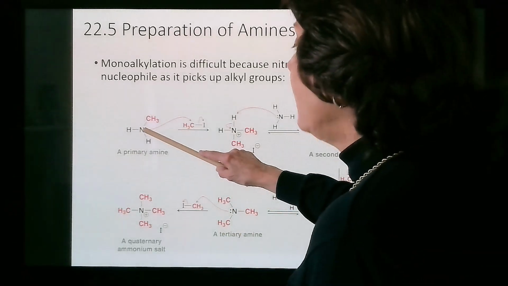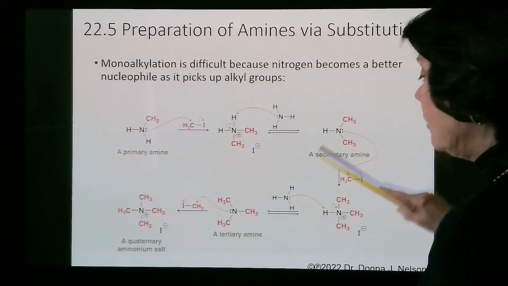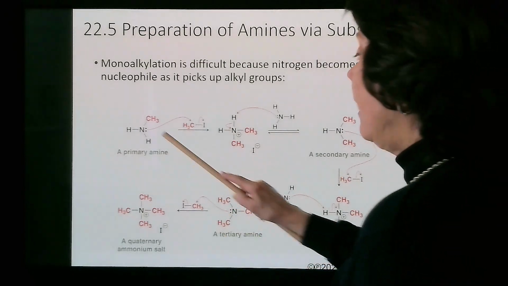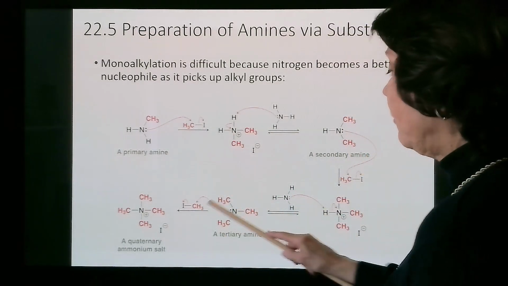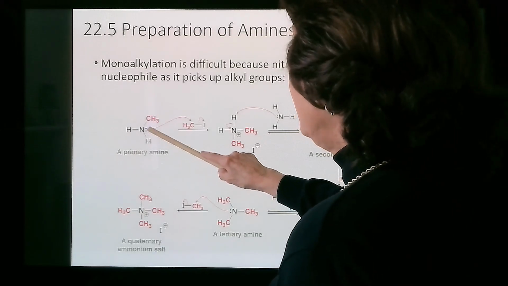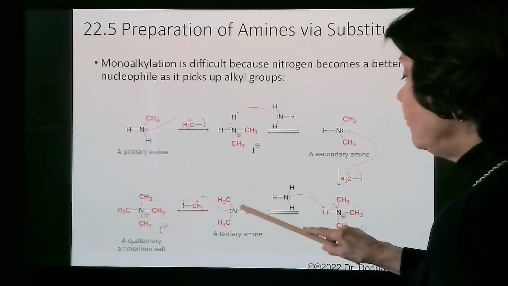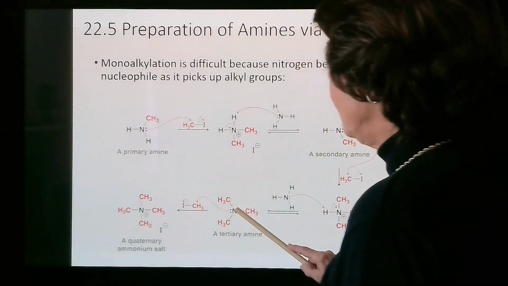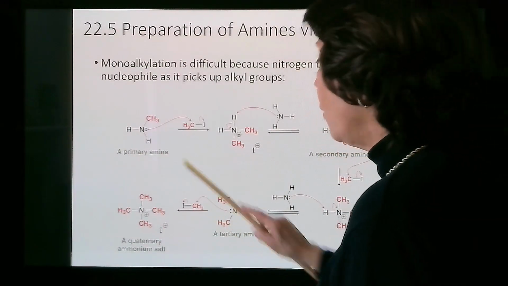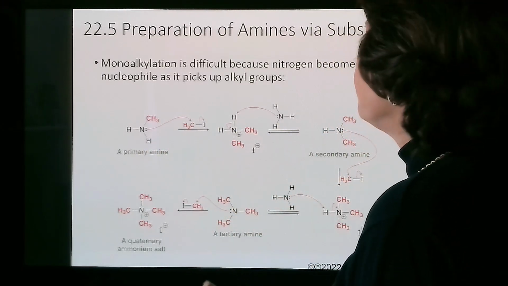Nitrogen is increasing the electron density as you get methylation, and the lone pair is becoming more basic as one increases the number of methyls, going from primary to secondary to tertiary amine.